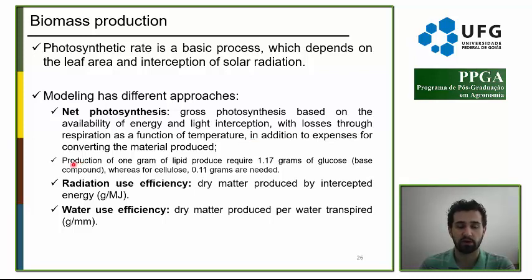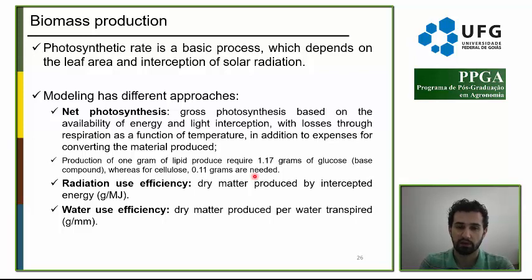And here we have an example. To produce 1 gram of lipid, we require 1.17 grams of glucose, which is the basic component for the carbohydrate. However, to produce the same 1 gram of cellulose in the crop, I need 0.11 grams of glucose.